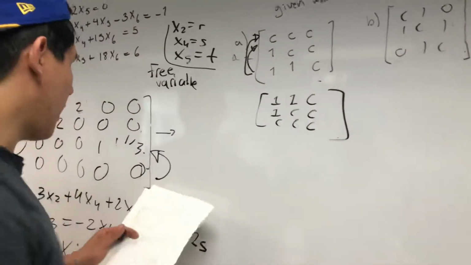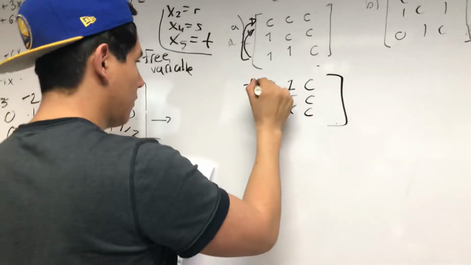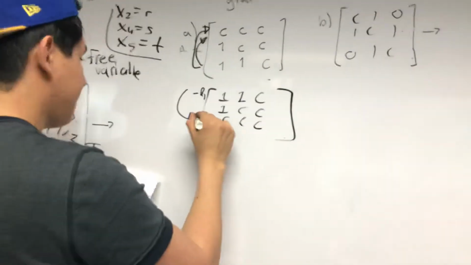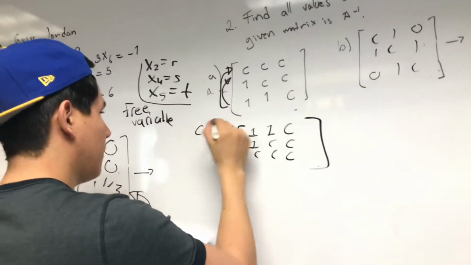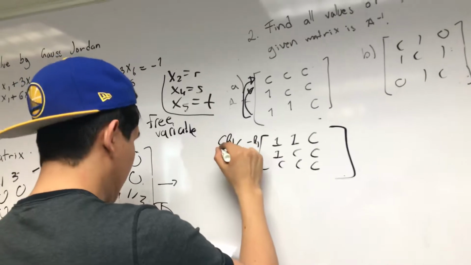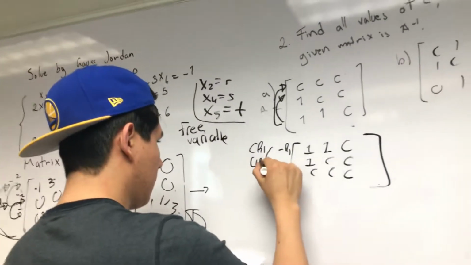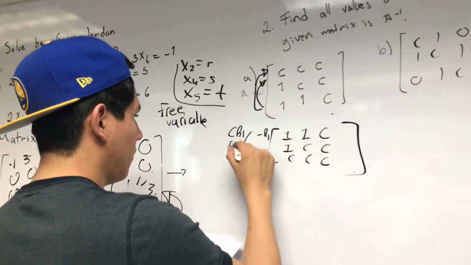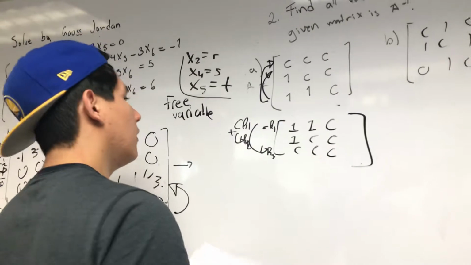We multiply row 1 by minus 1 and add to row 3, and row 1 by c added to row 2, one with plus and this one with minus.